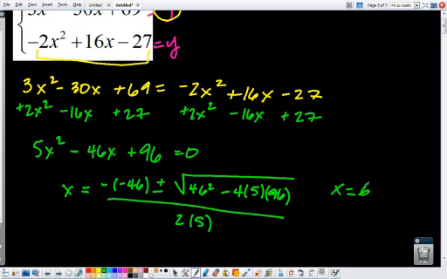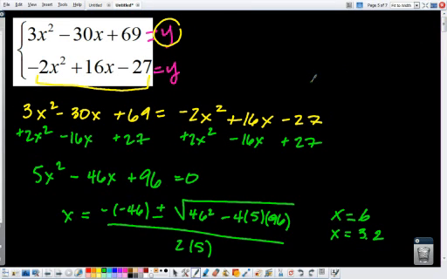And the other value is probably something not so nice. Not too bad. x equals 3.2, or its fraction equivalent. So what I do know now is that I have the x coordinates, so I need to plug these back in to get the y coordinates.